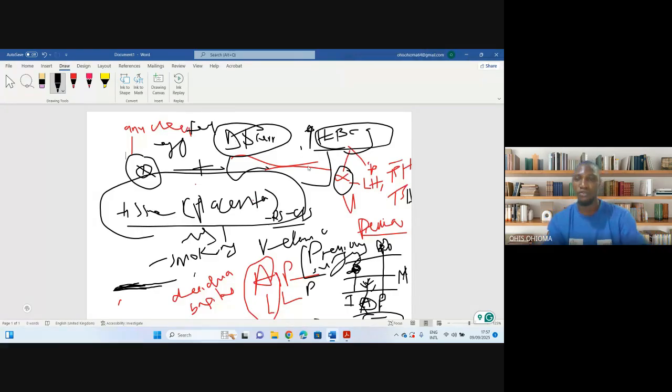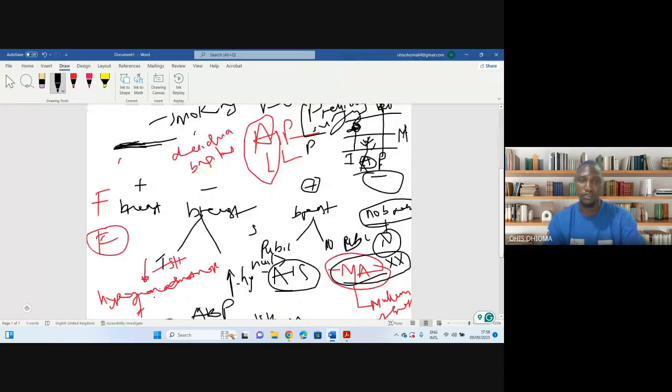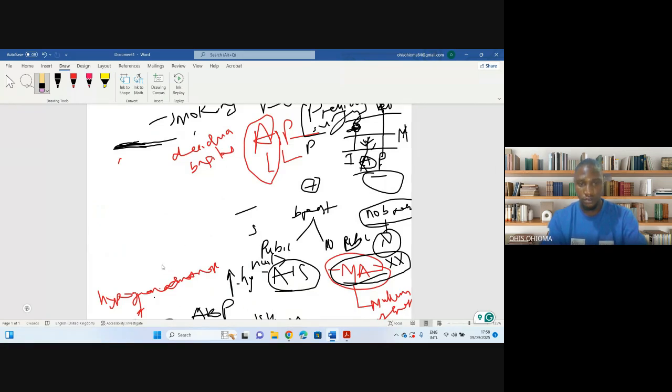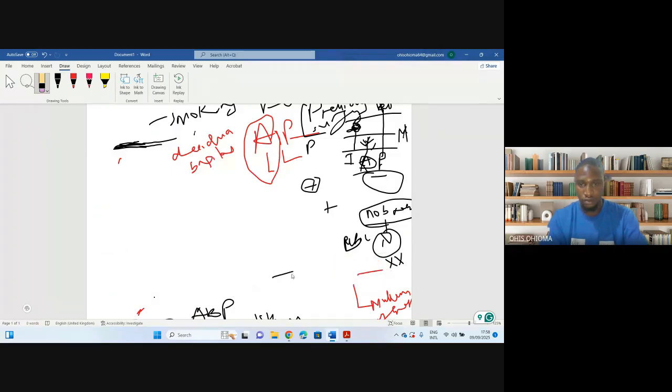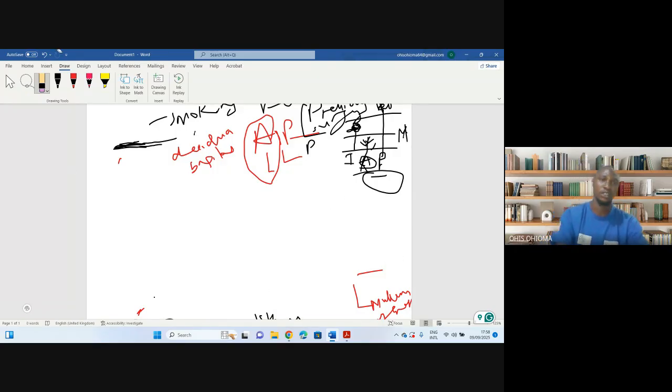Now, there are two types of molar pregnancies, and I have to emphasize this. We have the complete and the partial. So let me write a table here, complete and partial.